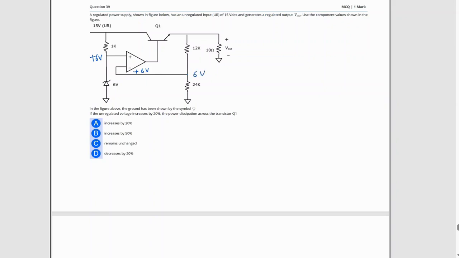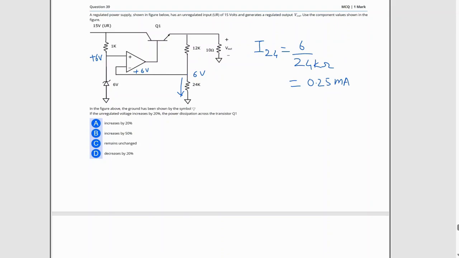If this voltage is 6 volts, the current through this, let me call that current I24, is going to be 6 divided by 24K, or 0.25 milliamp.